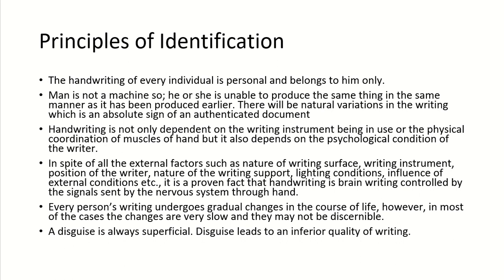So even if the writing surface is changed, the writing instrument is changed, there is some or a lot of similarity in the writing written by the same person. And there are gradual changes in writing of the same person throughout life. Disguise is always superficial and it leads to inferior quality of writing.